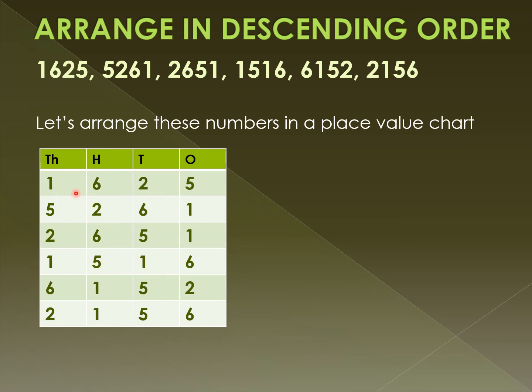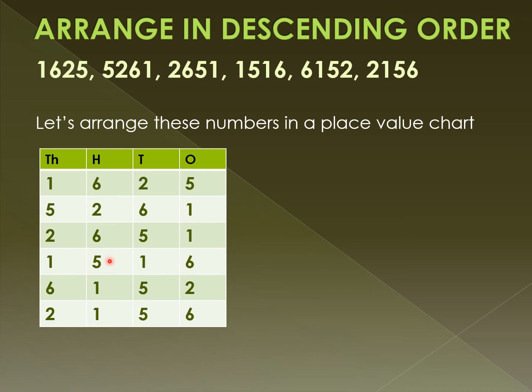Now we are left with just two numbers. We have 1625 and 1516. We see that the thousands place digits are equal. So we move on to the hundreds place and we compare them. We can see we have 6 and here we have 5. Clearly 6 is greater than 5.